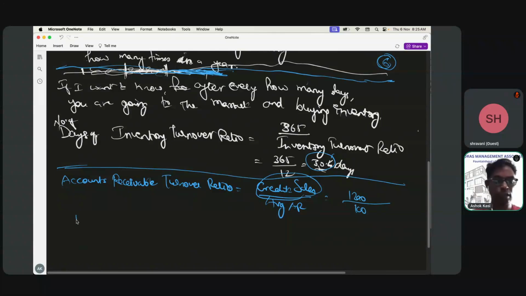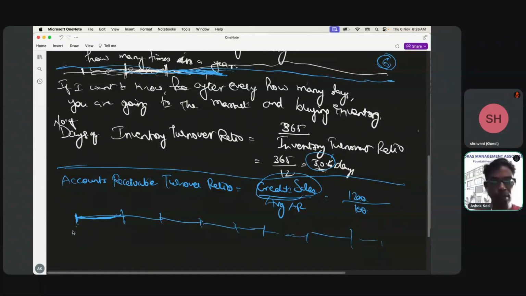Here is how you should understand it: 12 times you are doing this. So this is telling you 12 times people are coming and making the payment.